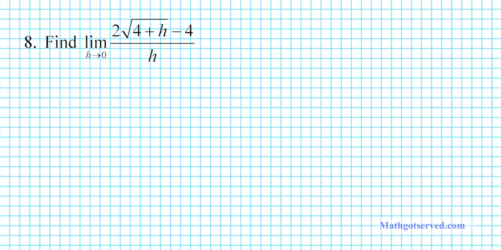Remember, the derivative at a specified value, let's say f prime of a, using limits is the limit as h approaches 0 of f of a plus h minus f of a, divided by h.